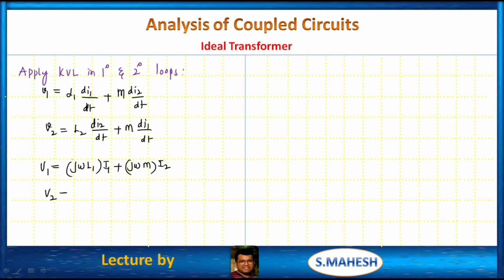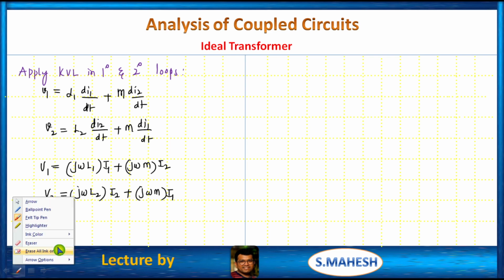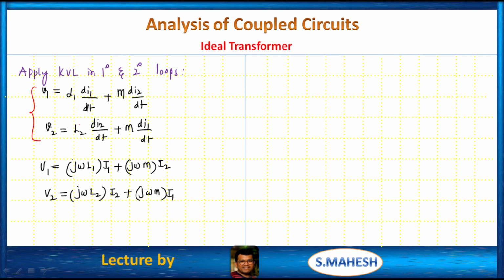Like that, V2 is equal to j omega L2 I2 plus j omega M I1, right? This is the representation for the time domain, and this is for the frequency domain.